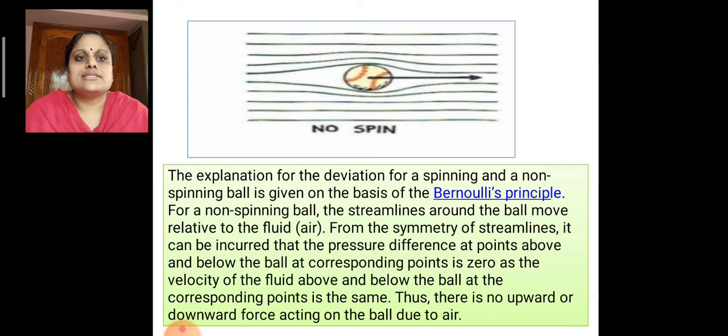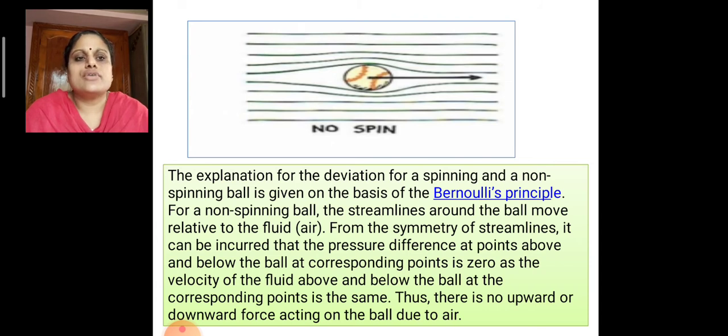Now let us discuss the Magnus effect. Let us first see the case of a ball with no spin. For a non-spinning ball, the streamlines around the ball move relative to the fluid.